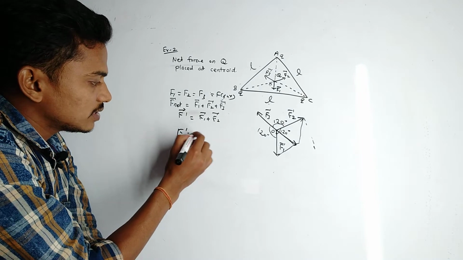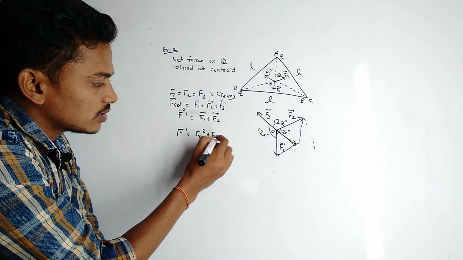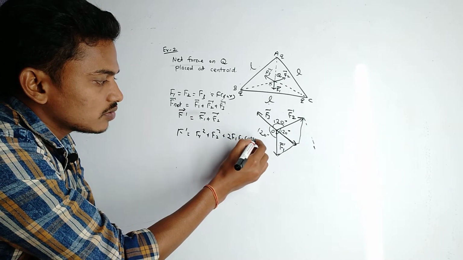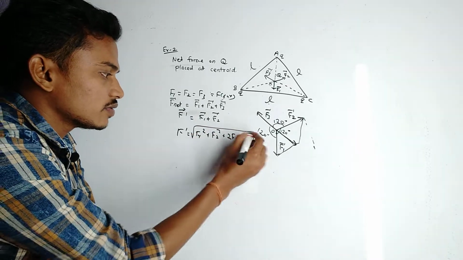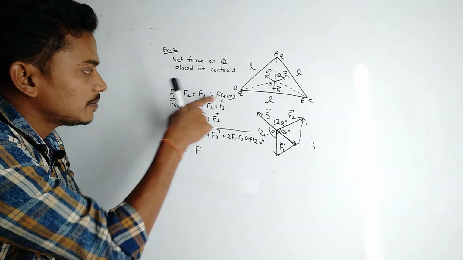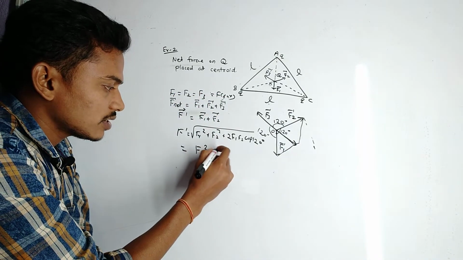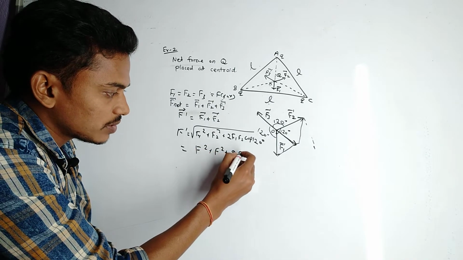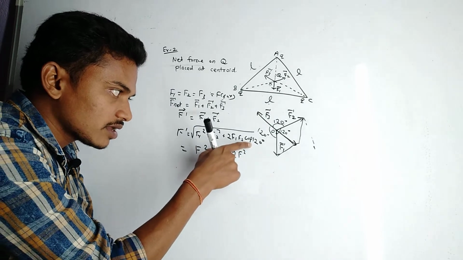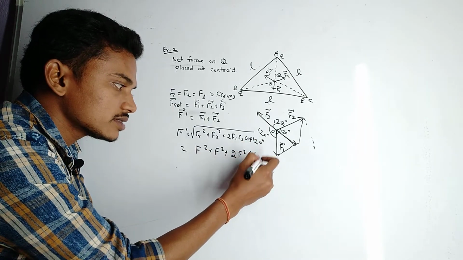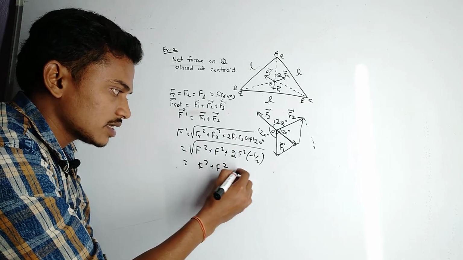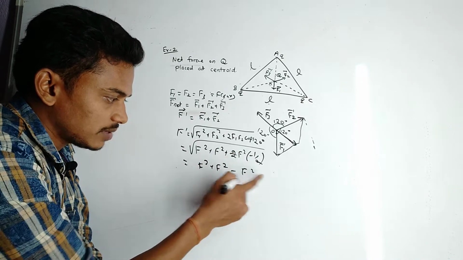So F dash is equal to the square root of F1 square plus F2 square plus 2 F1 F2 cos 120 degree. F1 is F, and F2 is also F. So F square plus F square plus 2 F square into cos 120 degrees, minus half, square root, that is equal to F square plus F square minus F square.